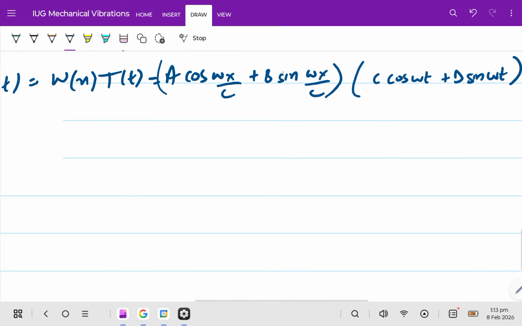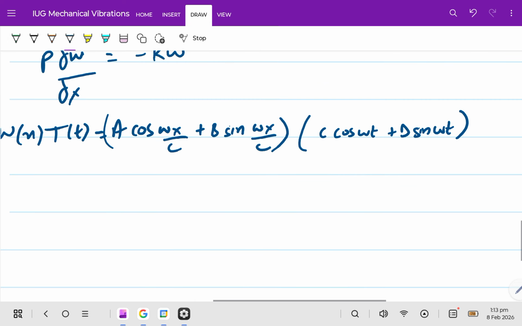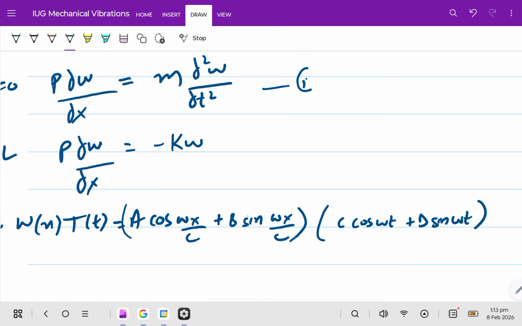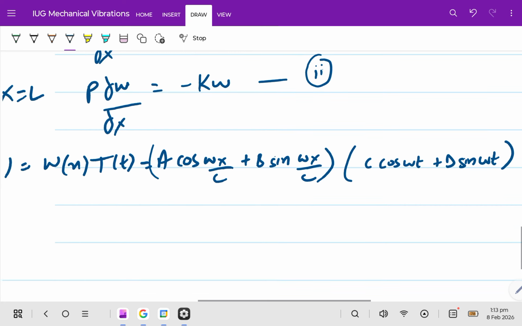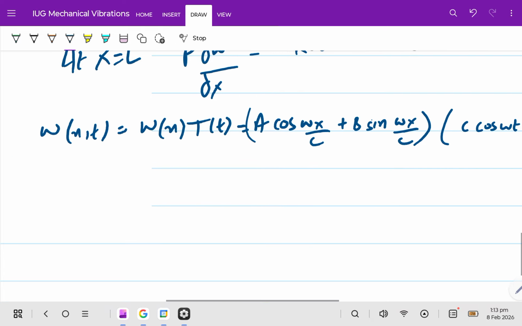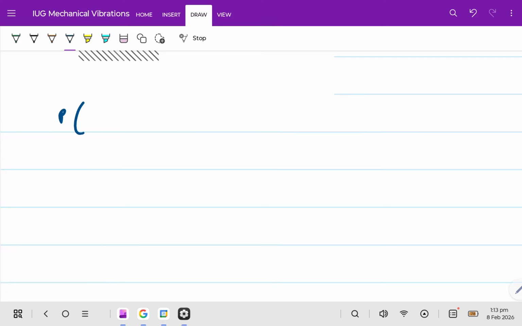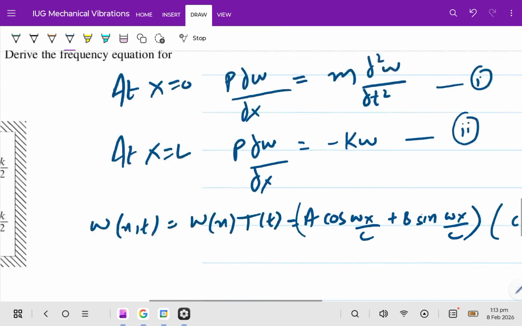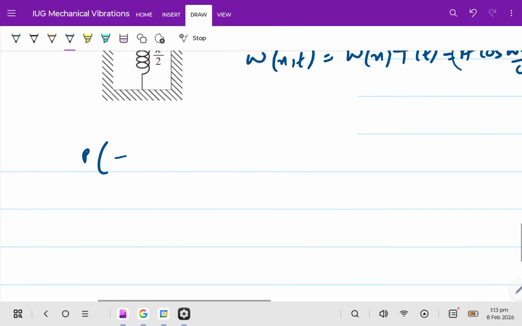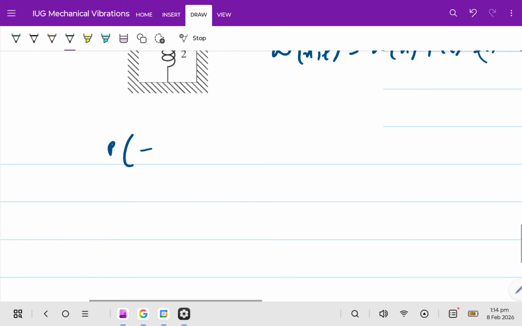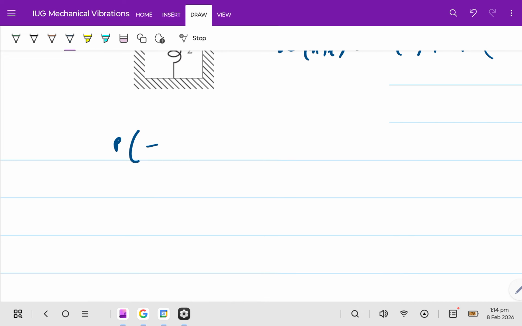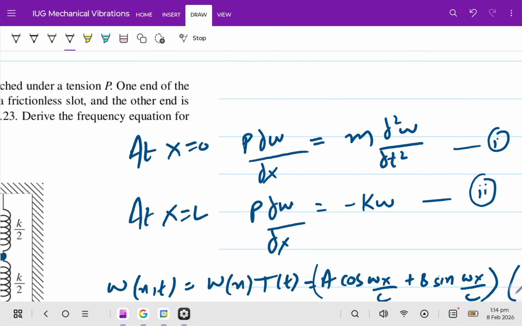And so if we substitute this solution in equations 1 and 2, we will end up getting, first, minus a omega over c sin(omega x by c) plus b omega over c cos(omega x over c), into c cos(omega t) plus d sin(omega t).